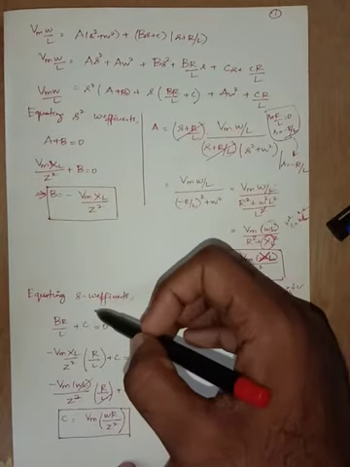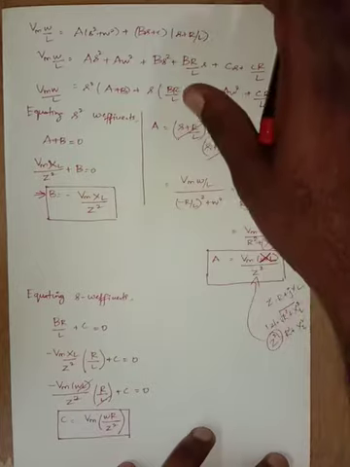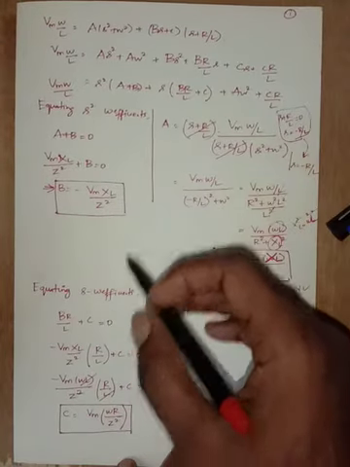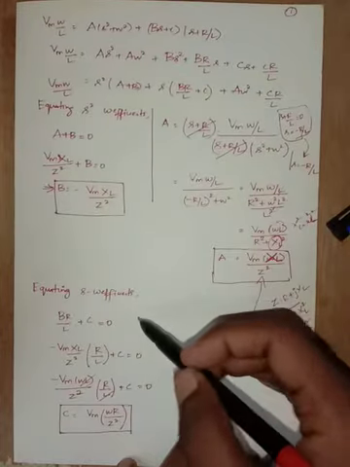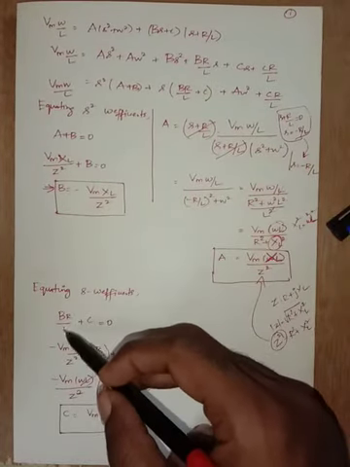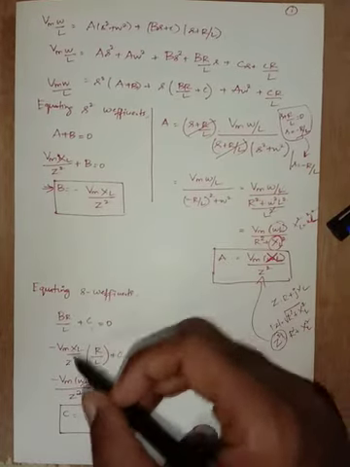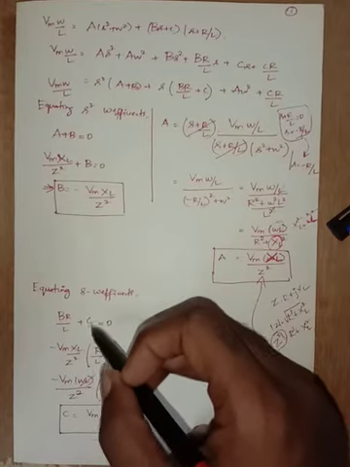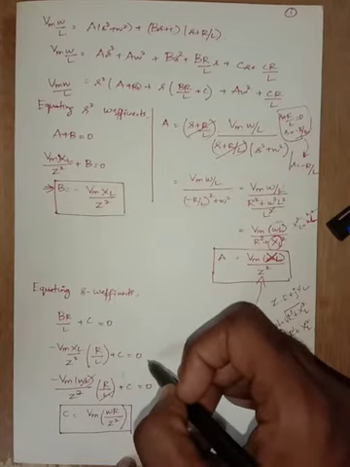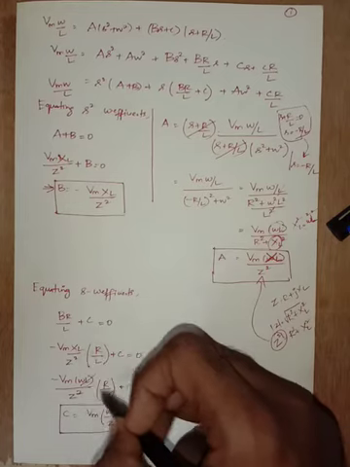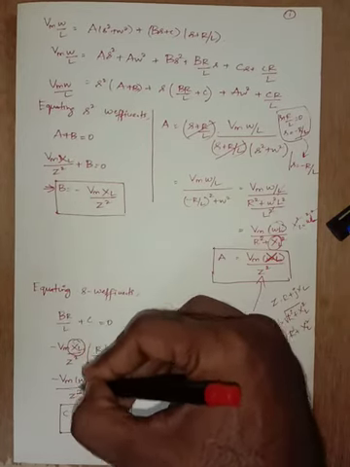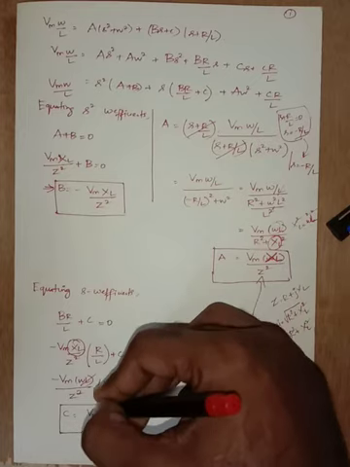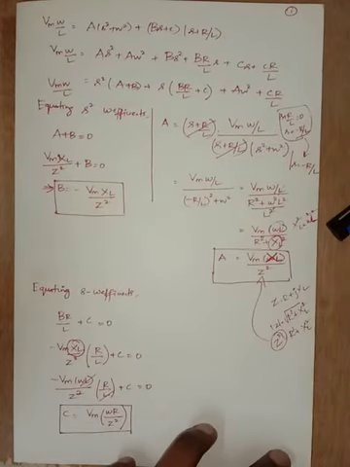Similarly, I will equate the coefficient of s. So we get BR by L plus C is equal to 0, as there is no coefficient of s on the left side. In terms of B, I'll substitute minus Vm XL by Z square into R by L plus C is equal to 0. I can substitute XL with omega L and cancel L, and put all the other things to the right hand side.